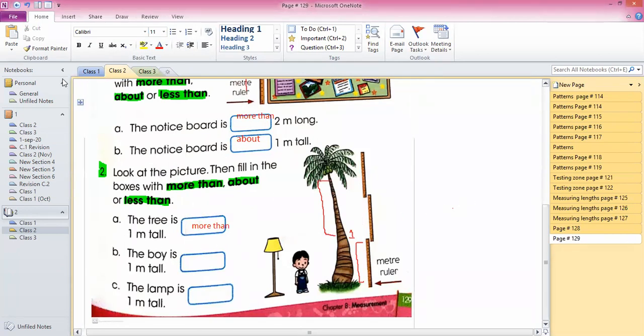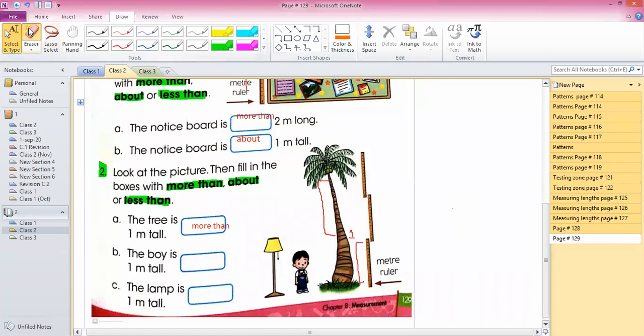Now look at the boy. The boy is dash 1 meter tall. So guys, look at the meter ruler. This is the meter ruler. This is the height of the meter ruler.